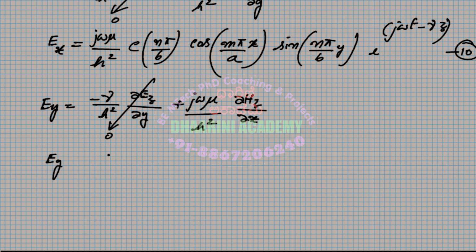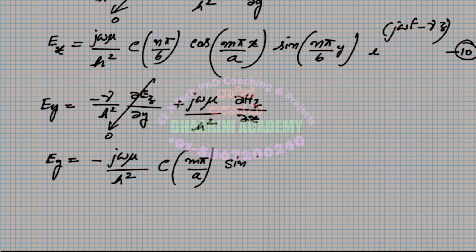Ey becomes equal to, I am differentiating the cos term, so I am going to get a minus sign at the output. So minus I'll write outside: minus j omega mu divided by h square into a constant c. Since you differentiate a cos term, cos of m pi x by a, the m pi by a will come out, into cos becomes minus sine.